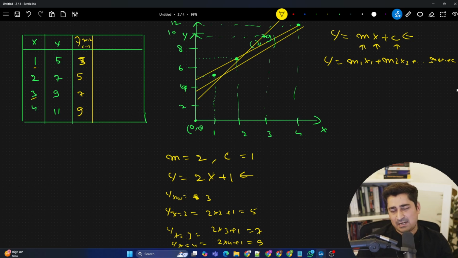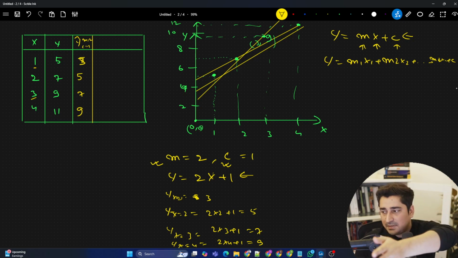So can I say that this m and c that I have chosen randomly, maybe you can take m equal to 10, c equal to 100 or something, is not a perfect m and c? The value of m and c which I have chosen is actually not a perfect value for my data set, because I'm expecting something else.